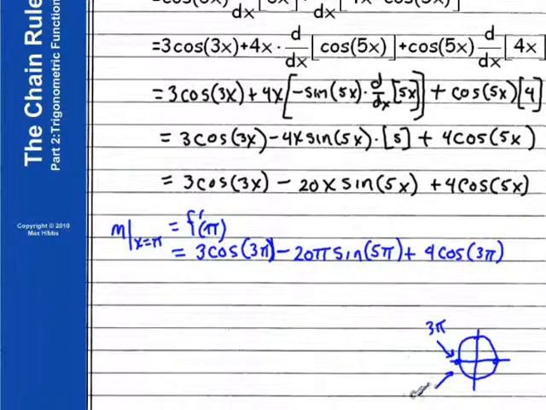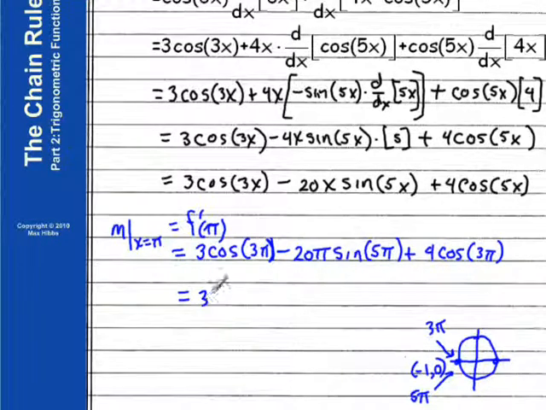So 5 pi and 3 pi leave us at the same position. And the coordinates of this point are -1, 0. So the cosine of 3 pi is the value -1. The sine of 5 pi is the value 0. That's the second coordinate.